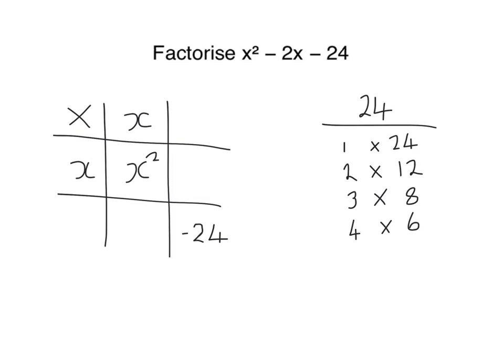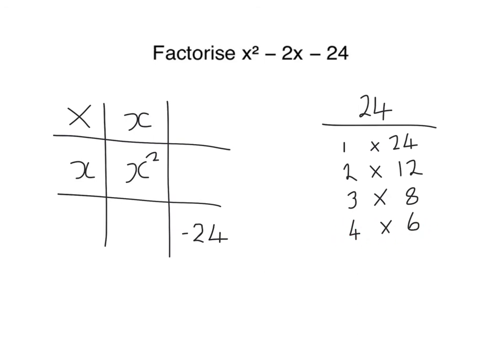So I'm looking for the factor pair that can make negative 2x. Now, you don't just have to be adding, you can be subtracting these numbers as well. So which of these pairs could make 2 by adding or subtracting? Forget about the negative at the moment. So it could be 4 and 6, that would make 2.